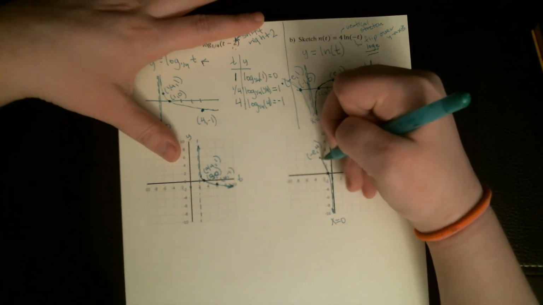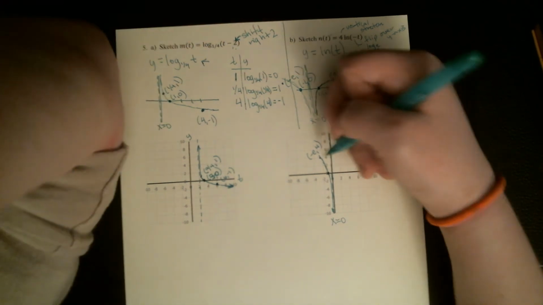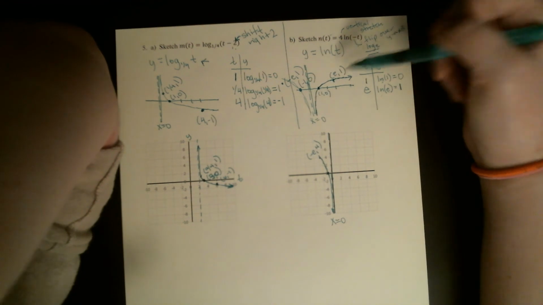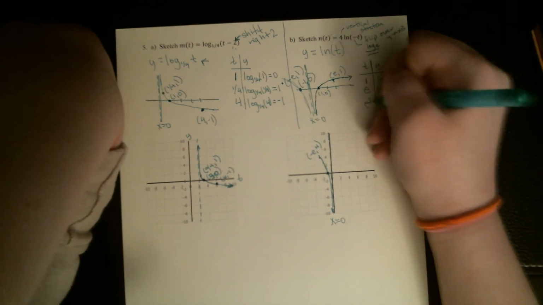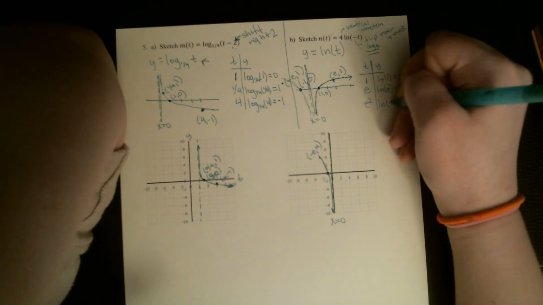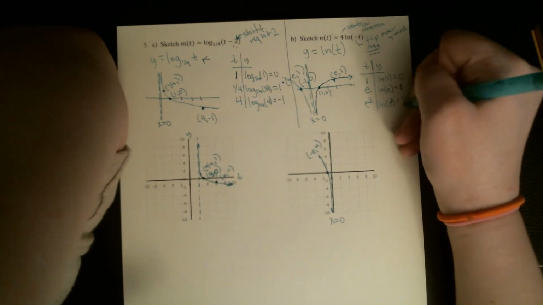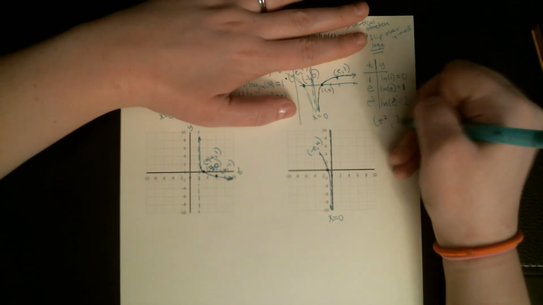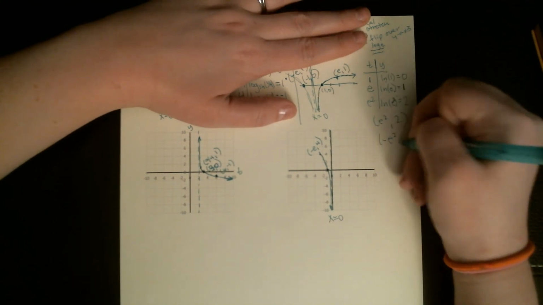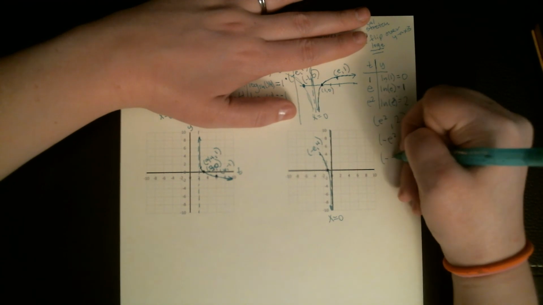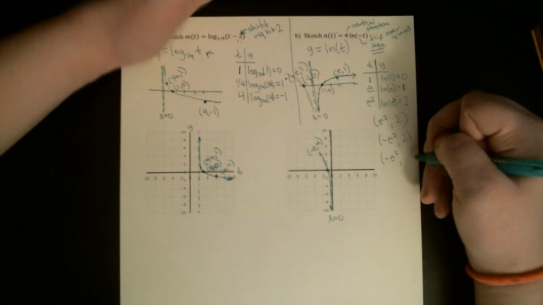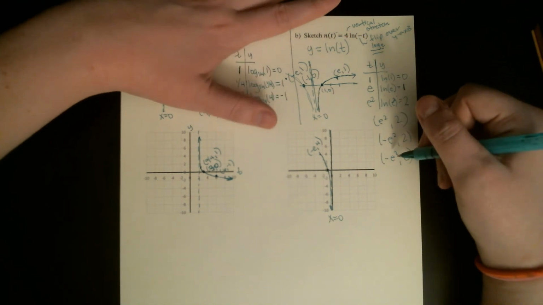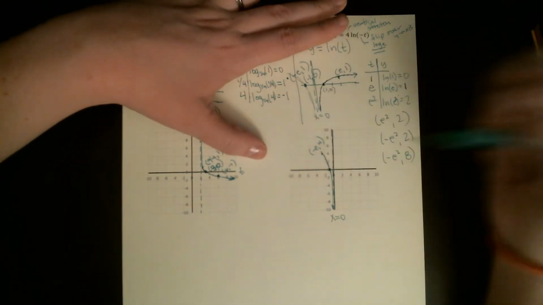Let me think about this. I don't know if I want to think too hard about another point or not. Another point we could follow would be (e², 2). Natural log of e² is 2. So if we want to follow (e², 2), it would end up at (-e², 2), which would then be (-e², 8) stretched by 4. e is a little less than 3, so e² should be a little less than 9.